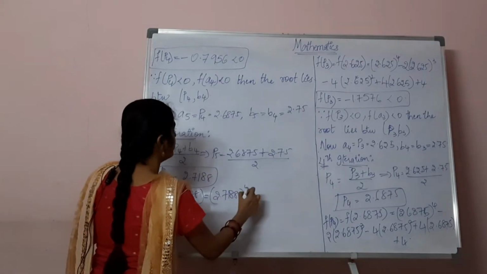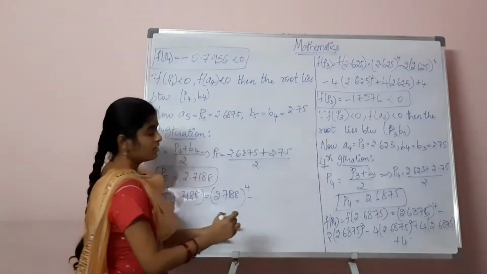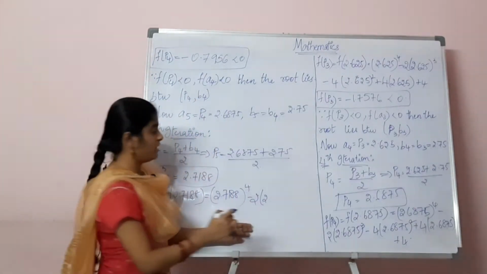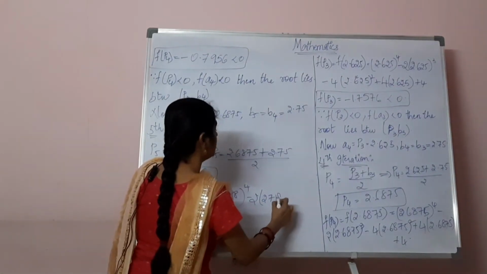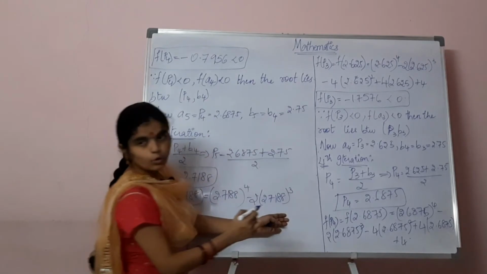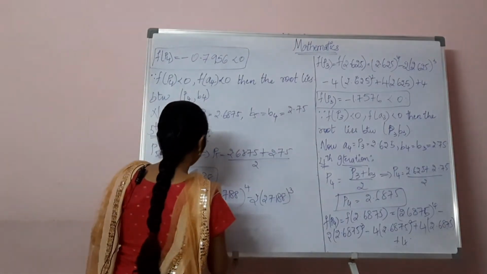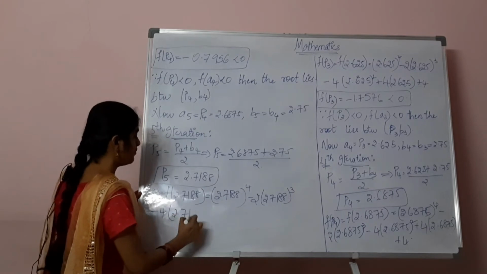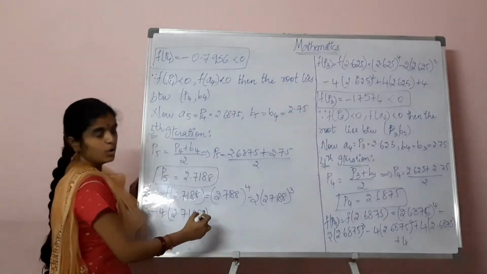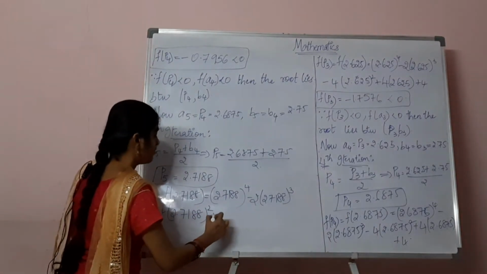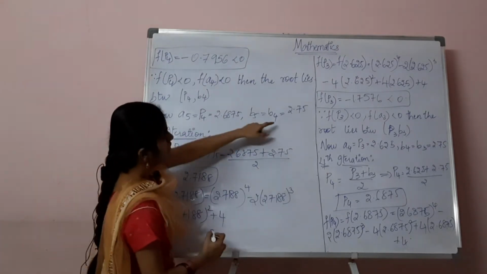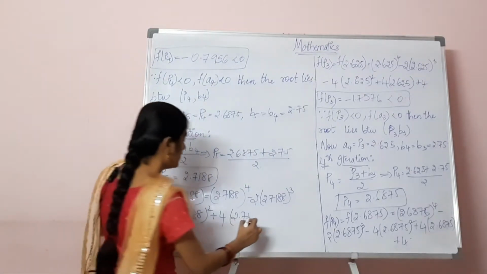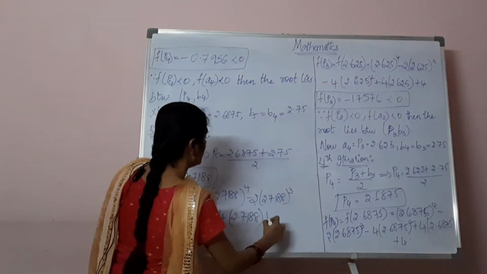Now 2.7188 power 4 minus 2 into 2.7188 whole cube minus 4 into 2.7188 whole square plus 4 into 2.7188 plus 4.